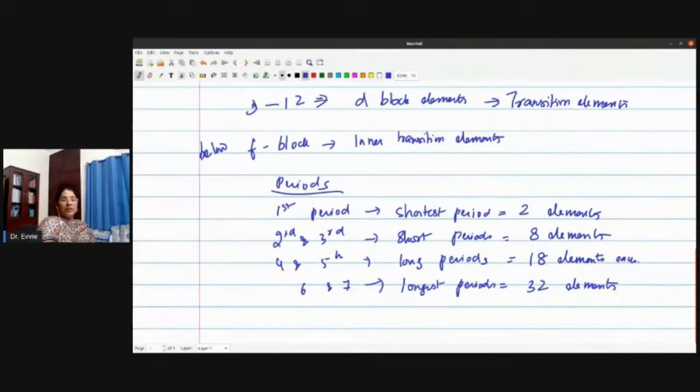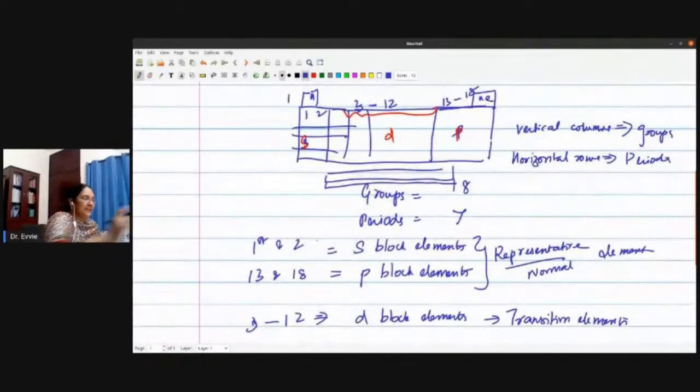Now, as I told you, below the periodic table you have the 2 rows. They are called the lanthanides and actinides. See here, there are 2 rows. The first one is called lanthanides, and the second one is called the actinides, because the first element of the lanthanides is lanthanum, and for the actinides it is actinium.